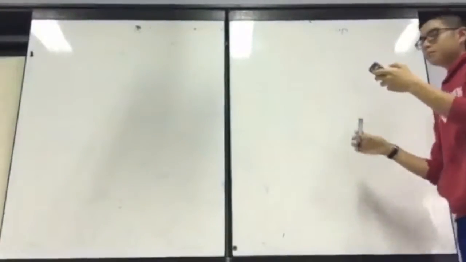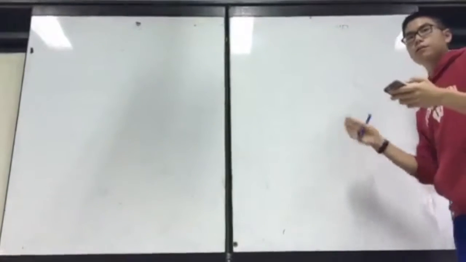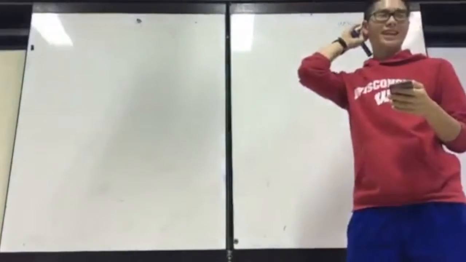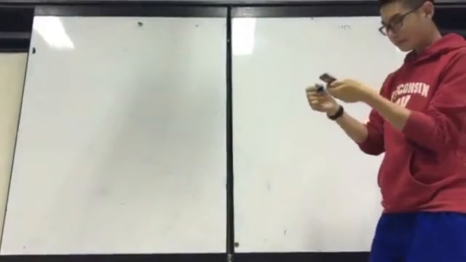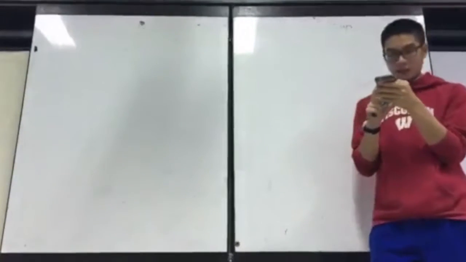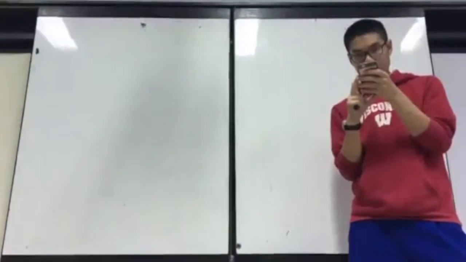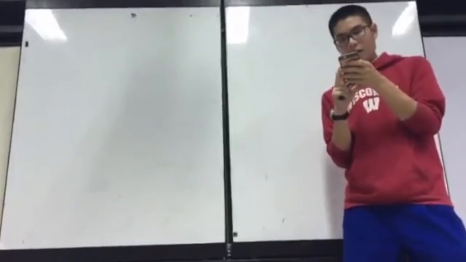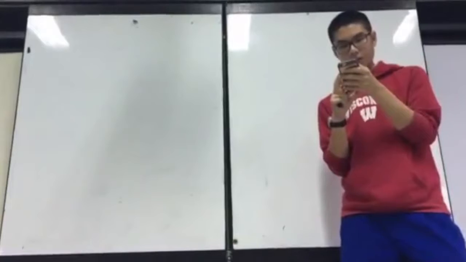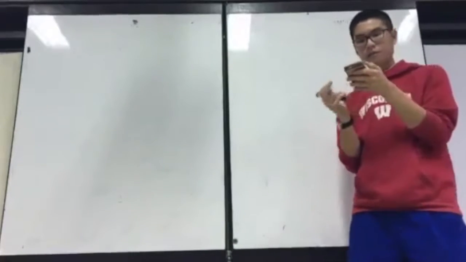Alright, I'm going to give you an example problem of potential energy. The question is that the potential energy of a 40 kilogram cannonball is 14,000 joules. How high was the cannonball to have this much potential energy?